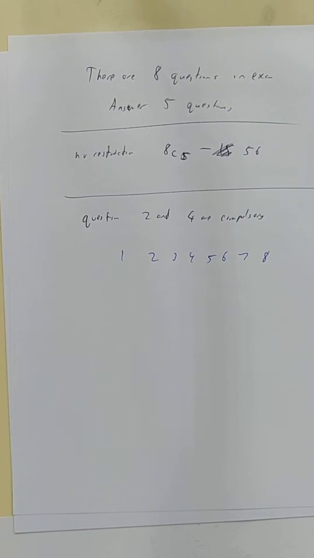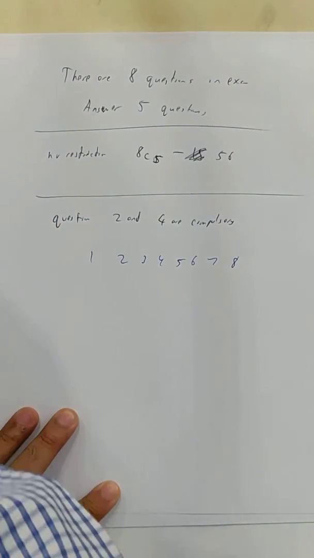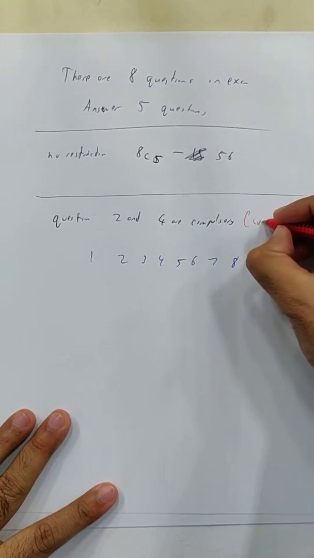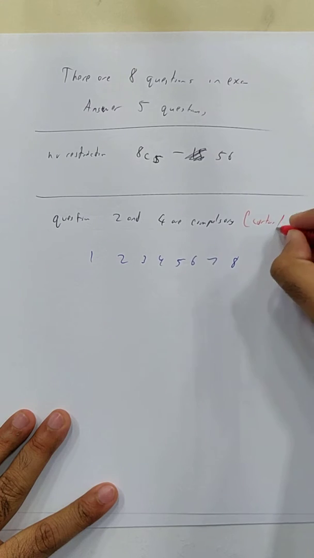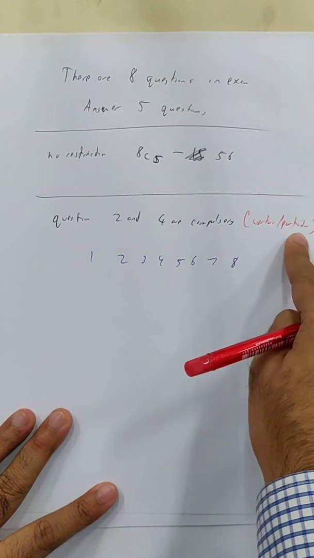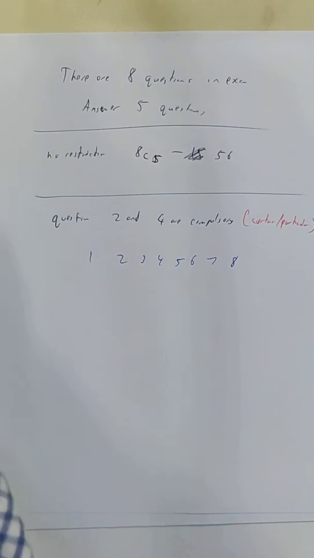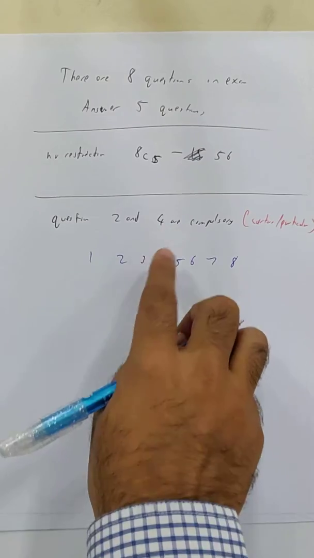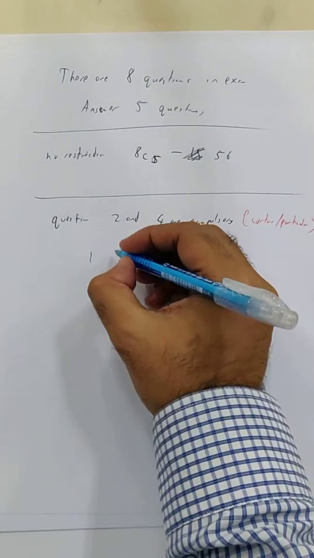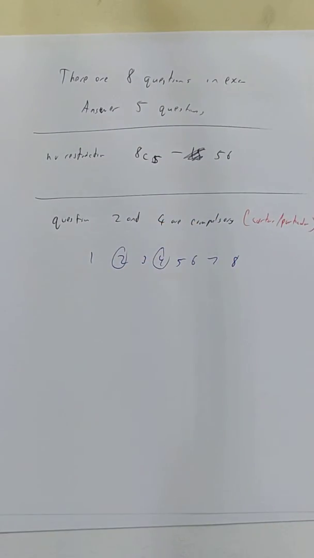Compulsory, or what I can also call the case of certain, particular. If you see these words, certain, particular, compulsory, they're the same thing. So out of these 8 questions, 2 and 4 you must answer.